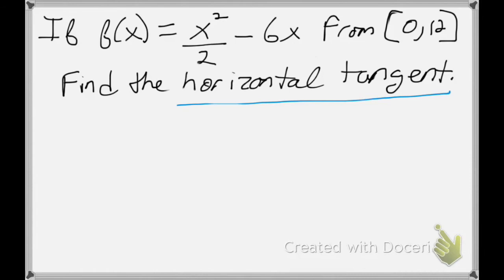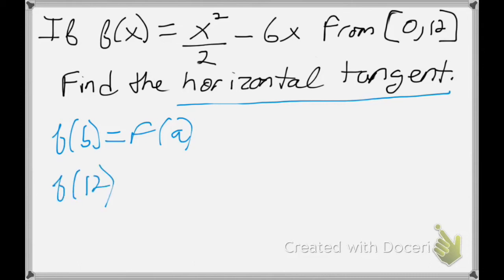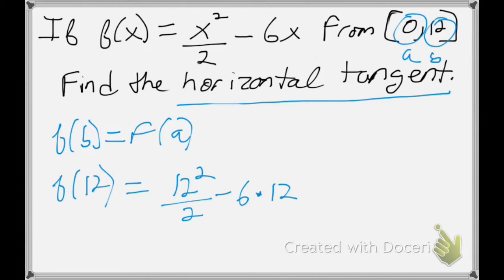However, for Rolle's theorem to really apply, we must check to see if f of b is equal to f of a. So, f of 12, as you know, 12 shall be our b, 0 shall be our a. F of 12 will equal 12 squared over 2 minus 6 times 12. 12 squared is 144 over 2. That will give us 72 minus 72, and that equals 0.